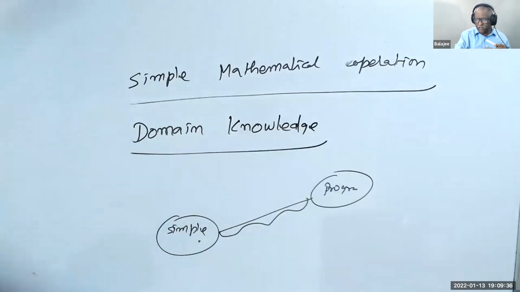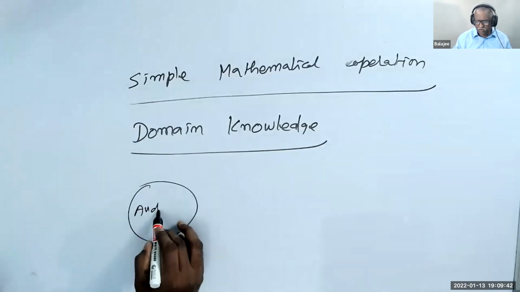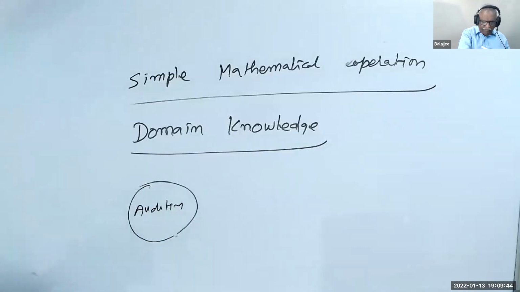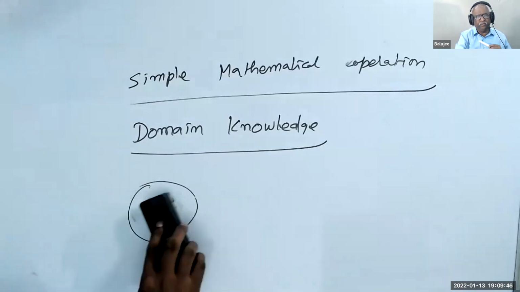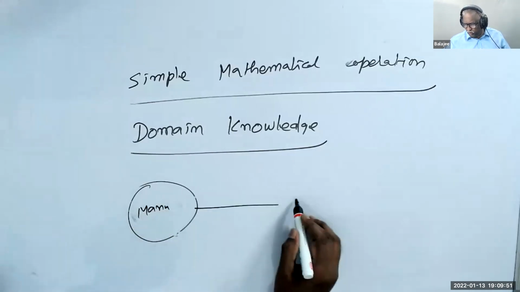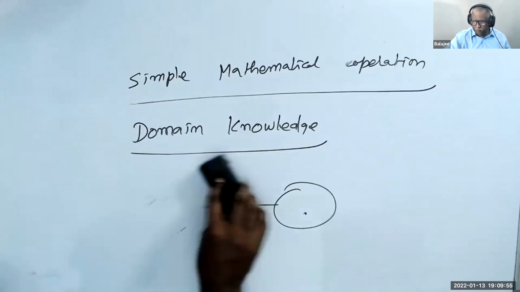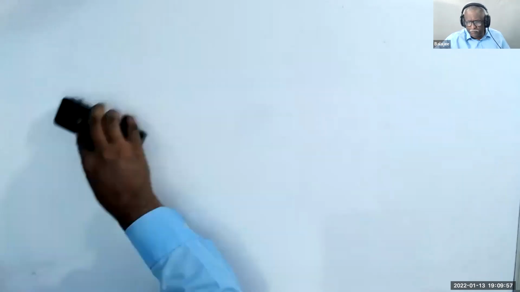That means if you are very good in a domain, let us say I'm very good in auditing, or I'm very good at manufacturing, then I should write a program for that. So this is the problem here. Most people get stuck here.